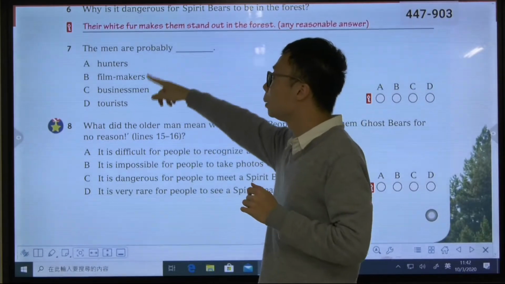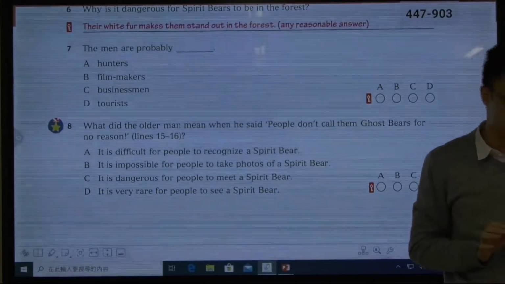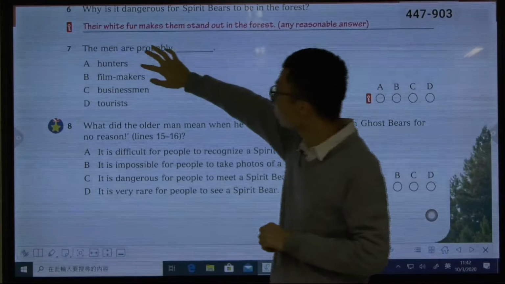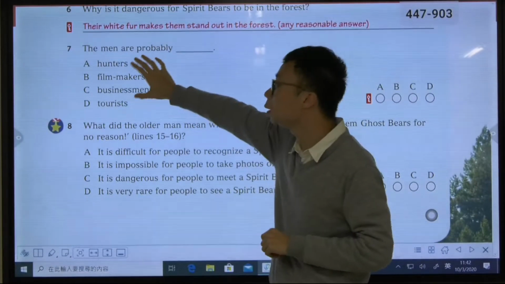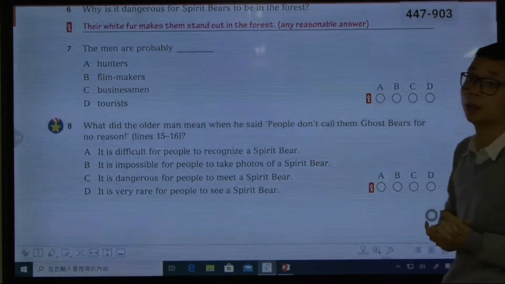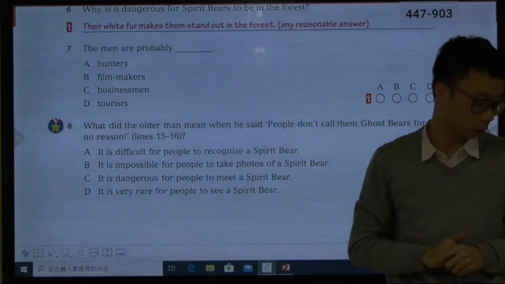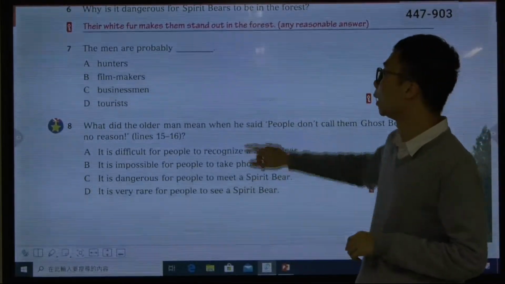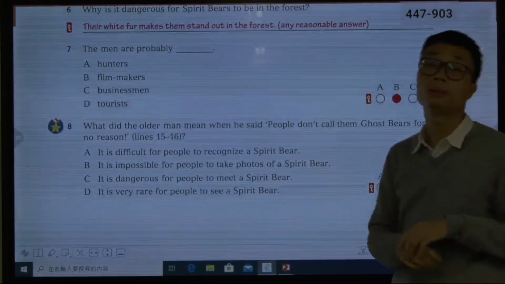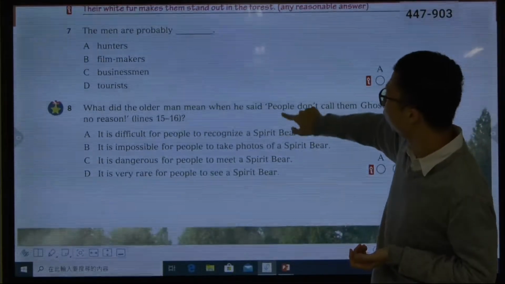Maybe they're tourists, maybe they're hunters, but they talked about using a camera instead of their gun, so you can take out hunter. Now we just need to think about filmmakers or tourists. As we look down to the paragraph, they talk about catching it with a film, so we probably guess they are filmmakers because they talk about film.